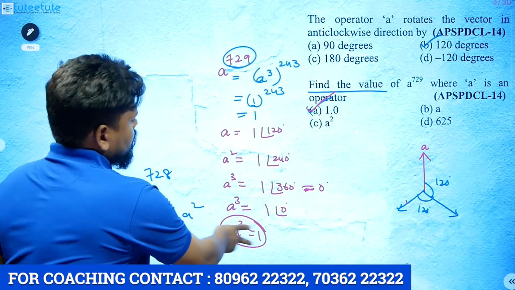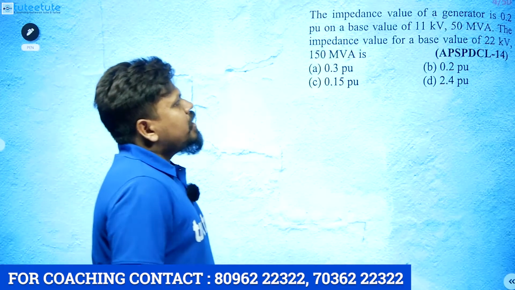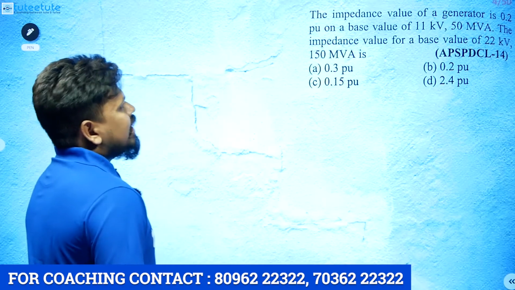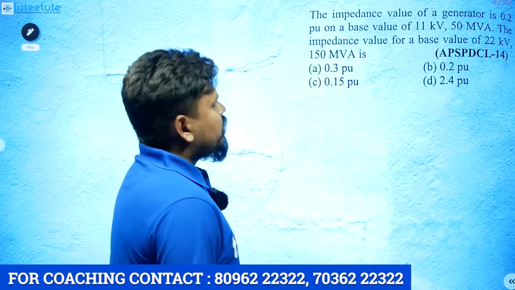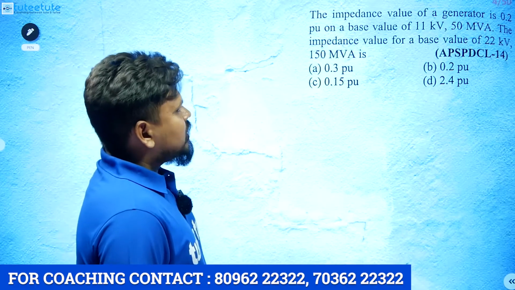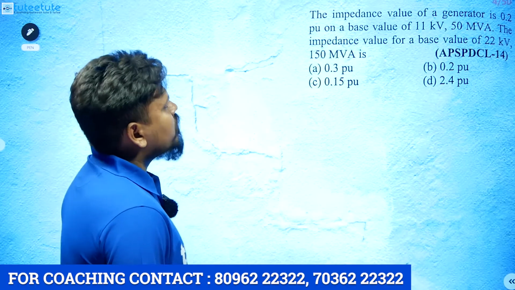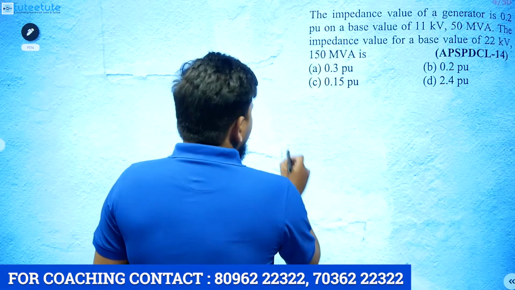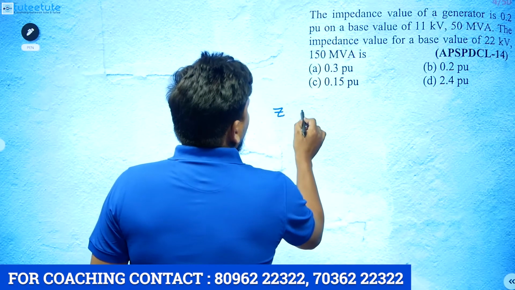Okay, next question. The impedance value of a generator is 0.2 per unit on a base value of 11 kV, 50 MVA. The impedance value for a base value of 22 kV, 150 MVA is what? So what is the question they have asked? The impedance value they have given in terms of per unit.